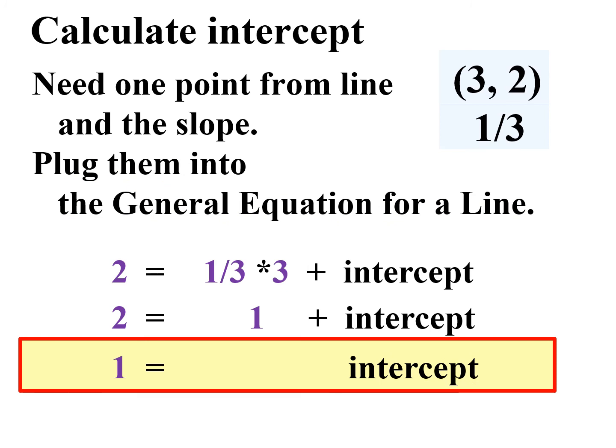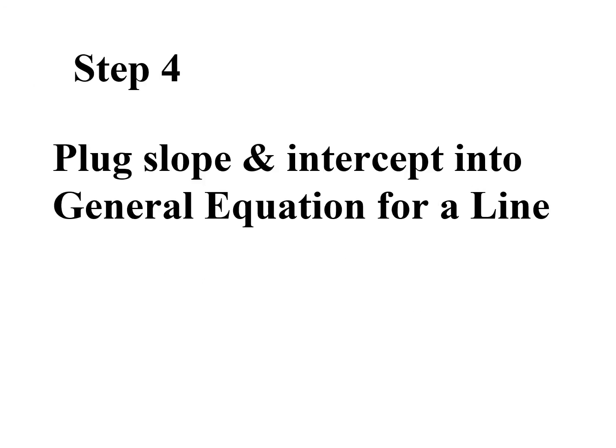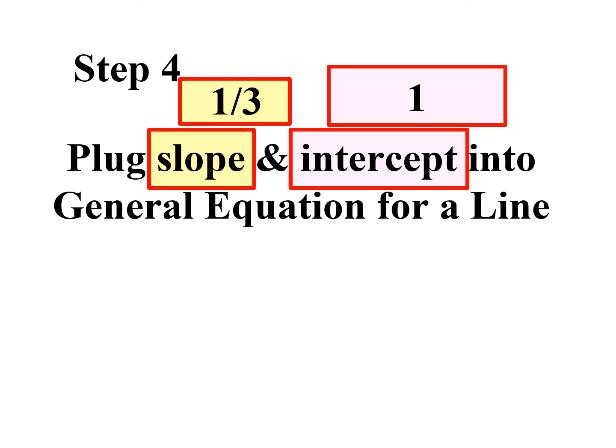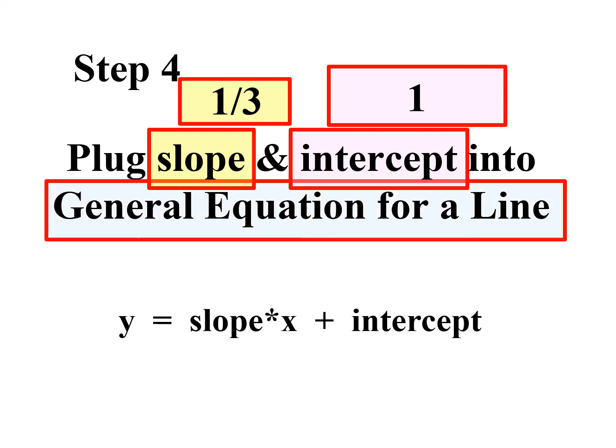Now that we have our slope and intercept, we have enough information to write down the equation for this specific line. All we have to do is plug the slope and intercept into the general equation of a line. In step 2, we calculated the slope, which was 1/3. In step 3, we calculated the intercept, which is 1. And here's the general equation for a line.